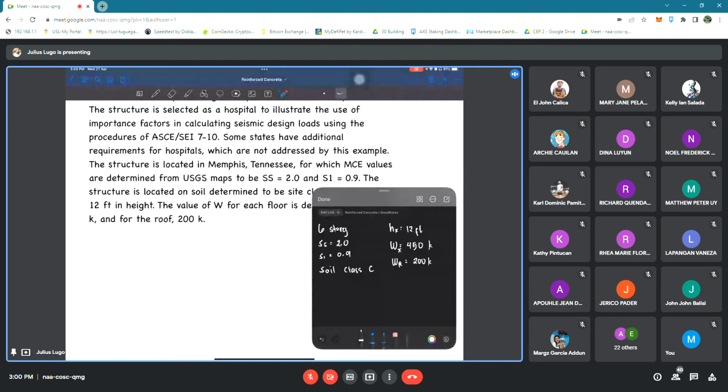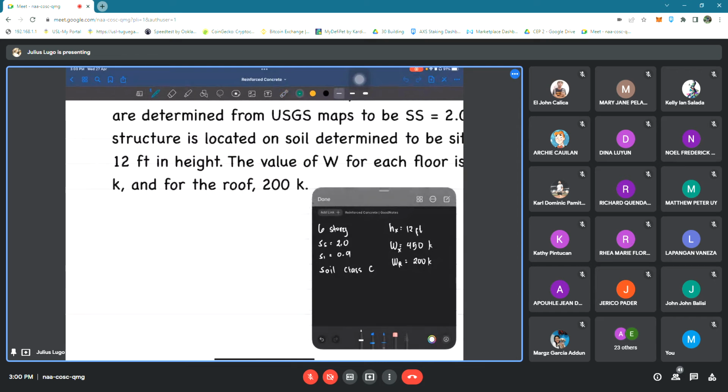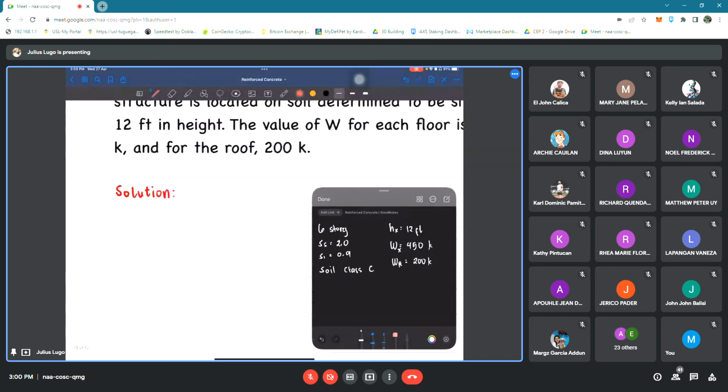The first step is actually to determine the values of your Fa and your Fv.